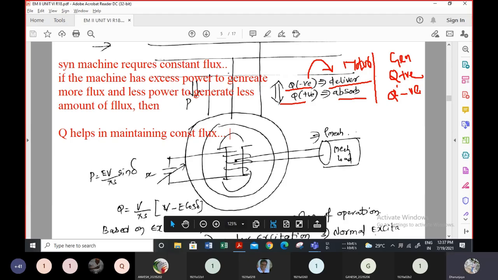Hence Q helps in maintaining constant flux here, by delivering or by absorbing.